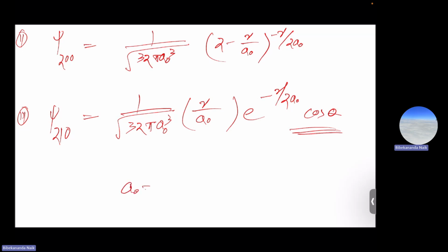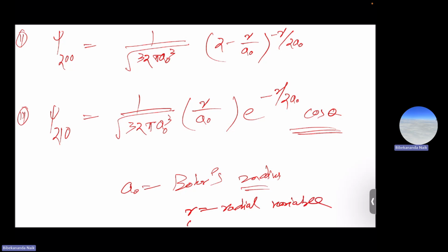What is a0? a0 is Bohr's radius, r is the radial variable, and theta is the spherical variable.